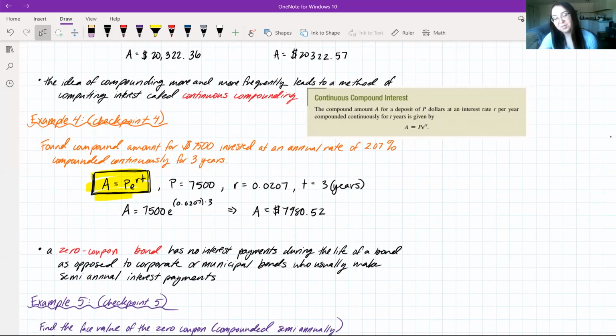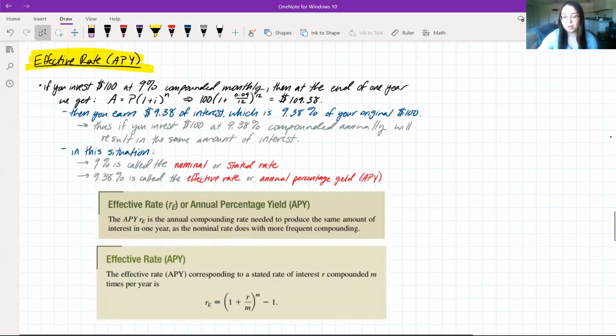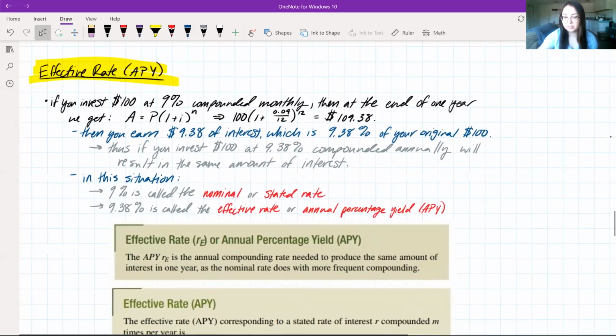The continuous compound amount A for a deposit of P dollars at an interest rate R per year compounded continuously for T years is given by A is equal to P times e to the power of R times T. We did use that there, but that is the official definition, and you'll see that in the notes eventually. Now let's scroll back down to where we left off.